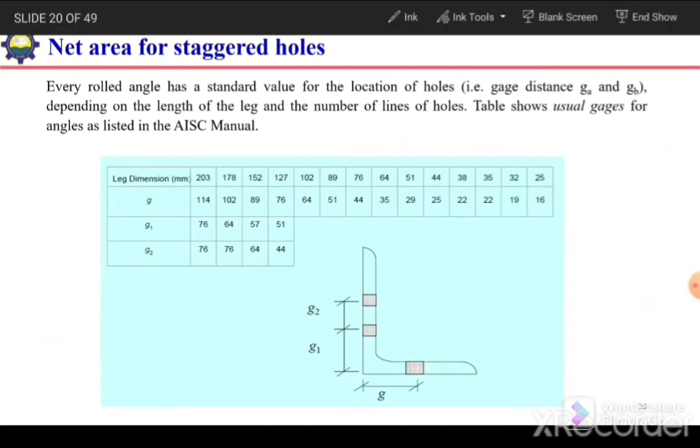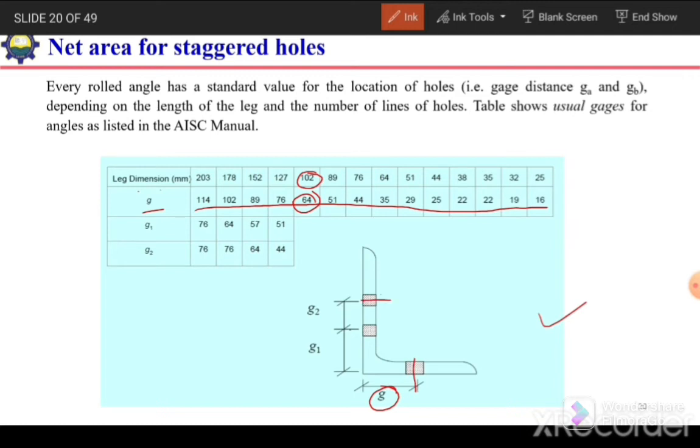In the AISC manual, some standard values for the gauge length are given. For example, for an angle section, if we have only one bolt in the leg, the gauge length is denoted by G, and for different leg dimensions we have different values for G. For example, if the length of the leg is 102 millimeter, then the gauge length for this bolt will be 64.